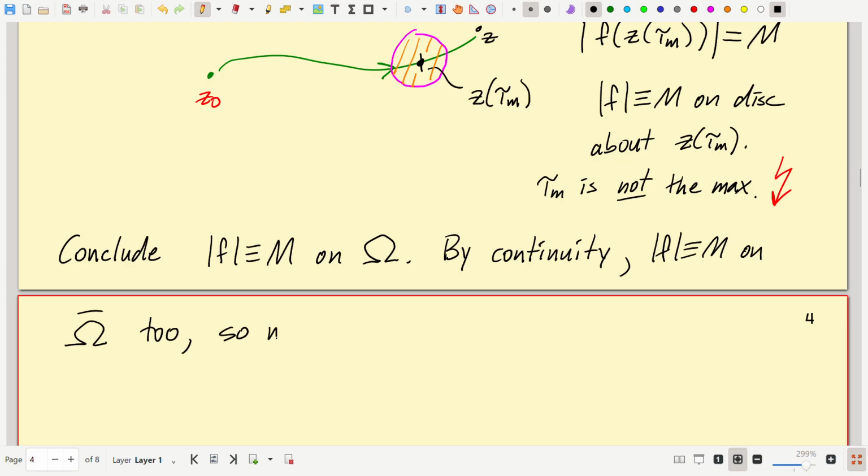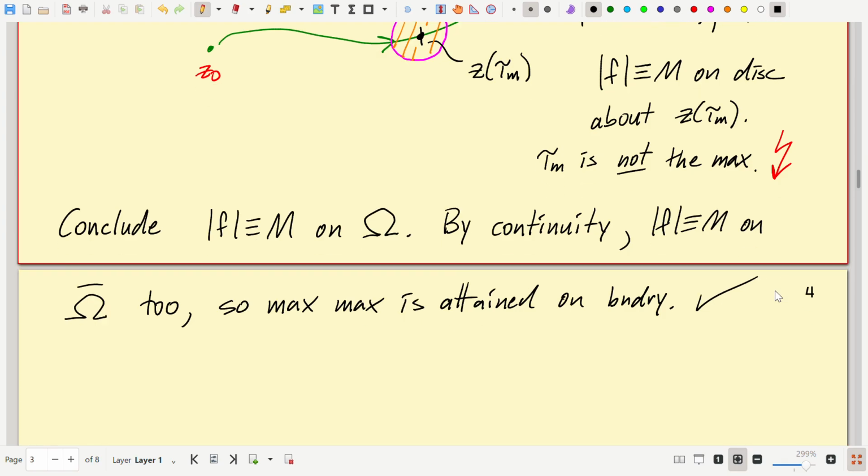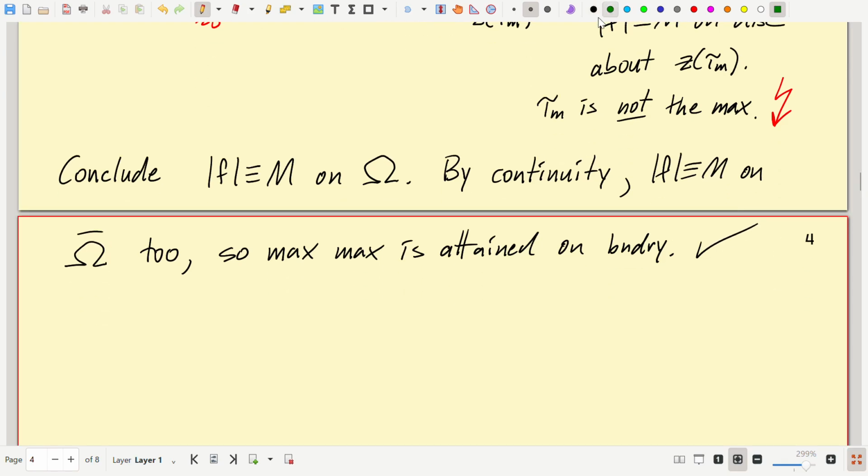So the max is attained on the boundary. Done. I told you about the fancier version last time.